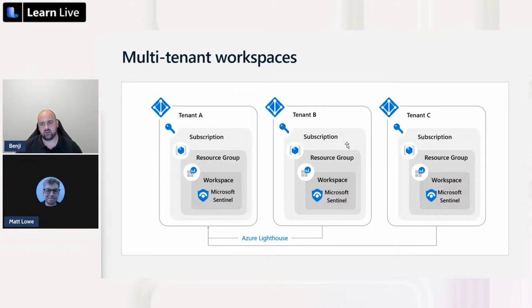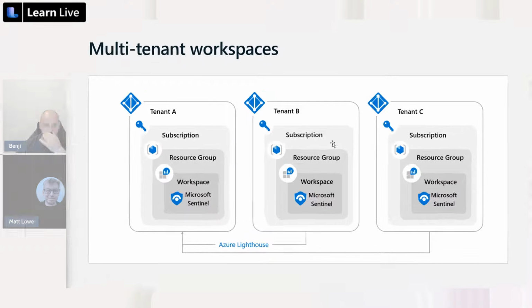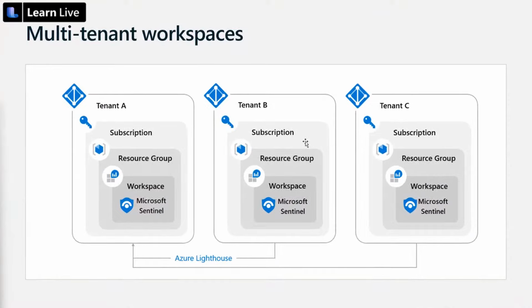So this is an example of how the multi-tenancy actually looks like. So we have tenant A, tenant B, and tenant C. And if we actually need only to have multi-tenancy between tenant A and tenant B, we can utilize it. If we need to add tenant C as well, we can do that. So only in Azure Lighthouse, it is actually needed that we create those ARM templates that will be deployed.